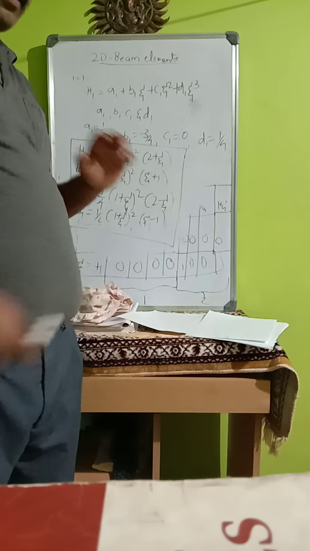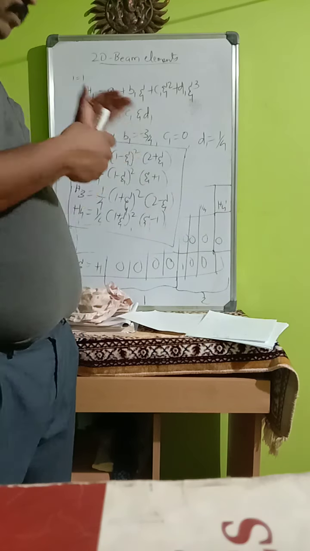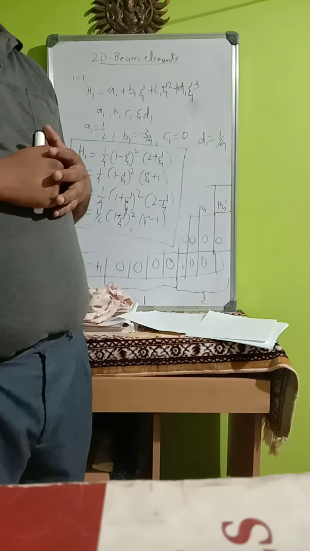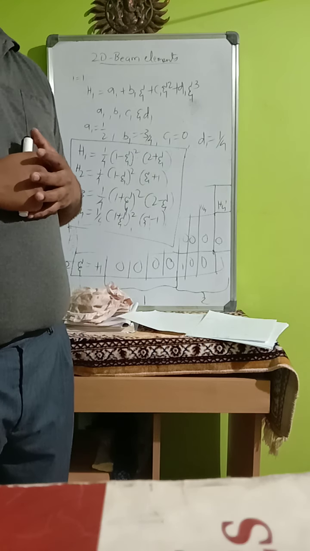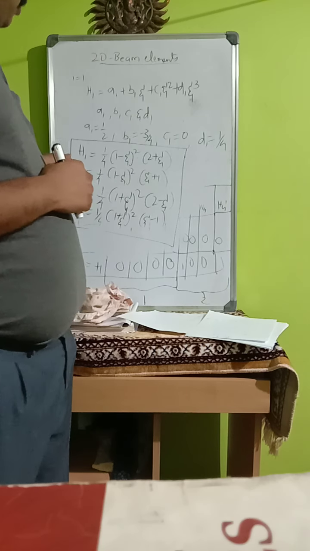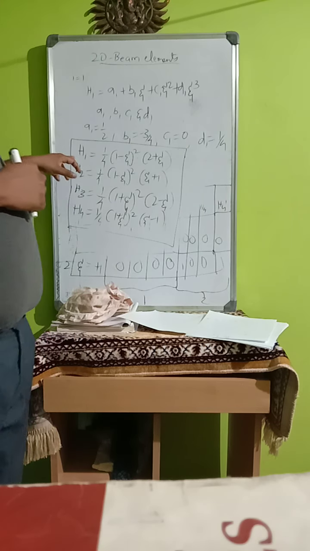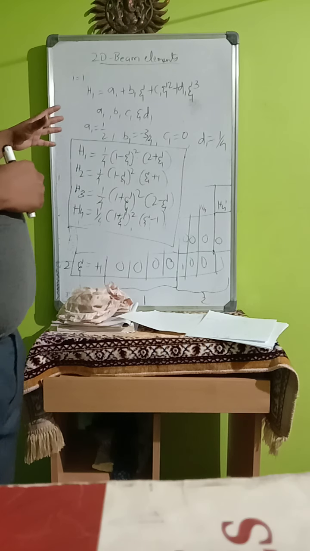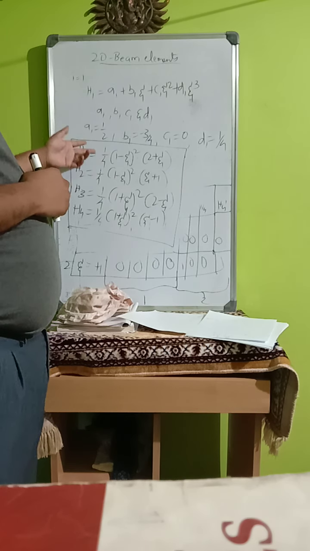Now, in the material I have shared, I have solved stepwise how we got a1, b1, c1, d1. You can go through that, and in any arithmetic textbook you will find the steps to solve it. To keep the 4 shape functions in memory is very easy.